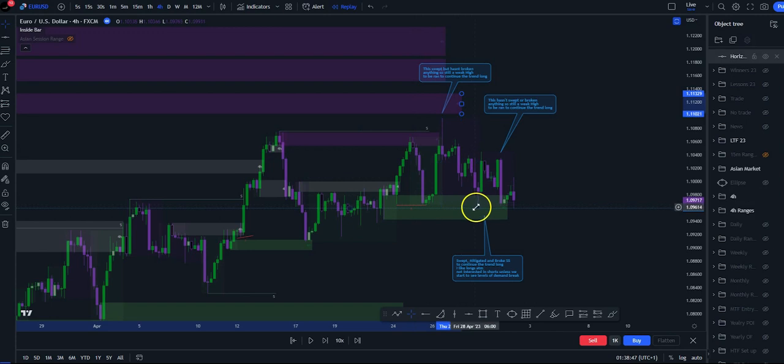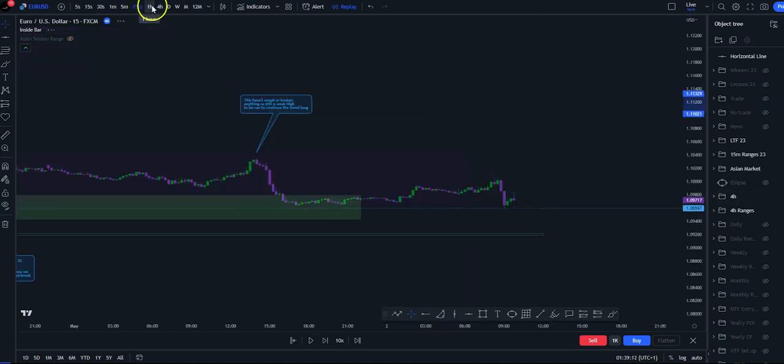And then I just think, we've seen if we break this low, sweep, and then break the previous high. So that was the 4 hour plan, entry plan.